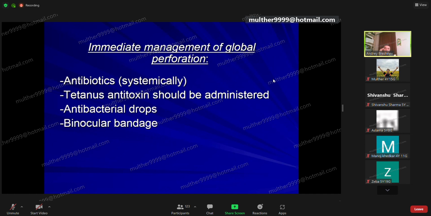And in case of perforative trauma, it's rather important to exclude any movements. So to decrease the amount of these movements, we can put bandages on both eyes.